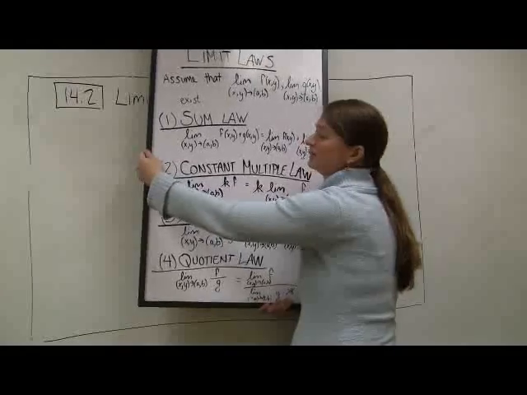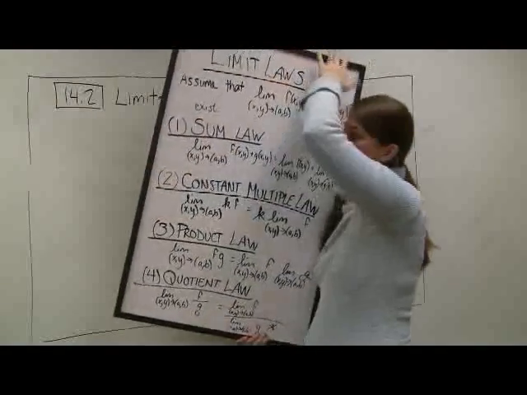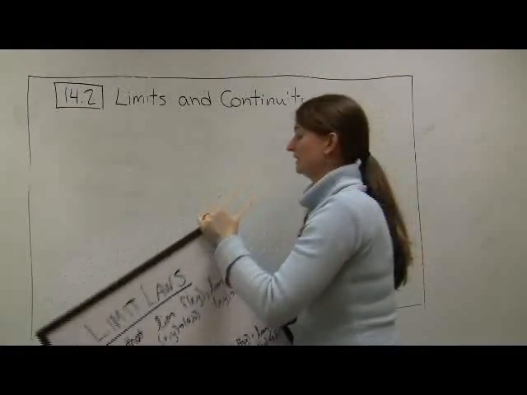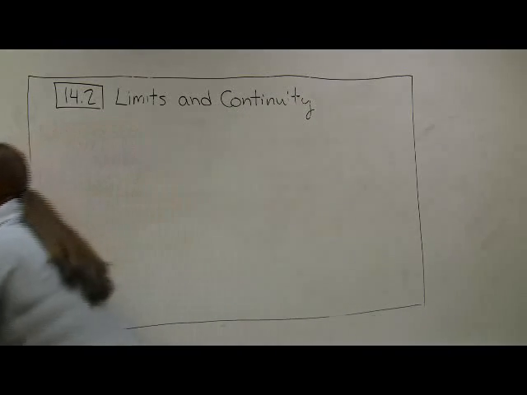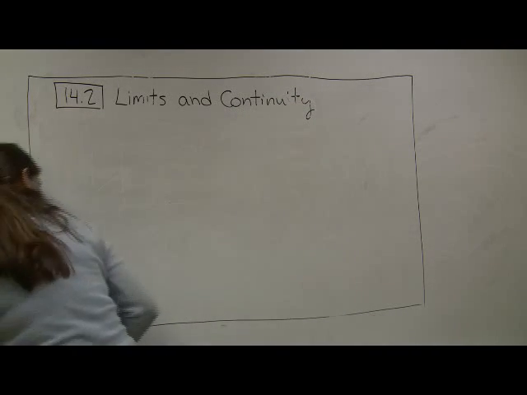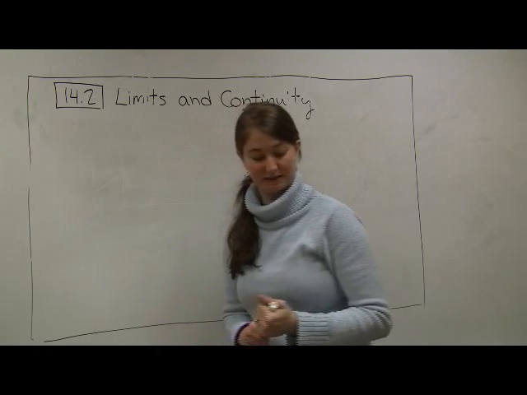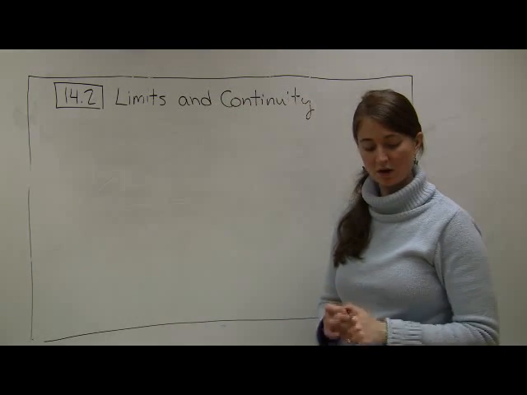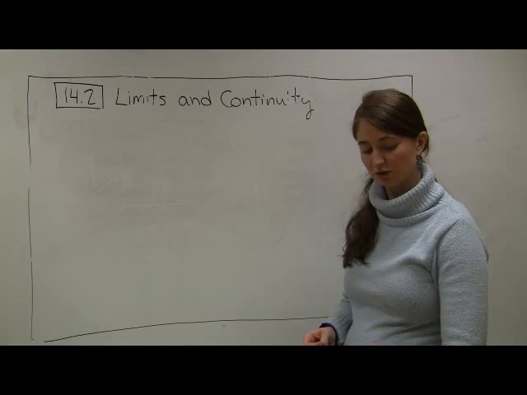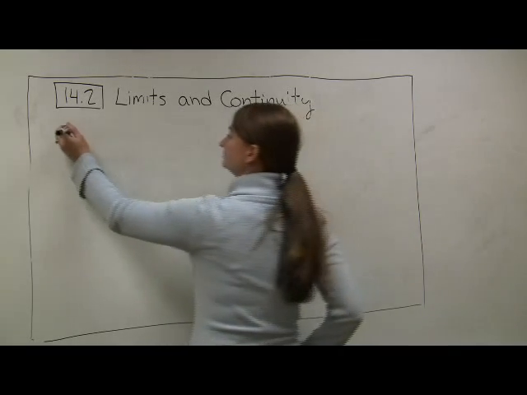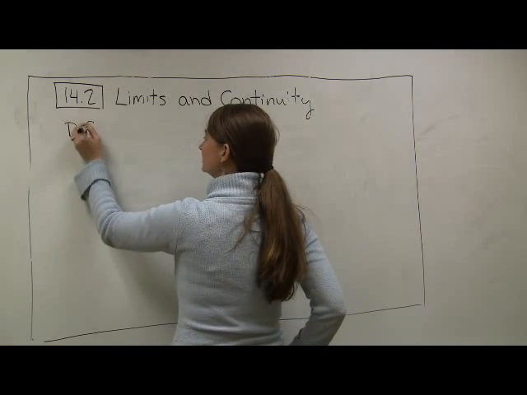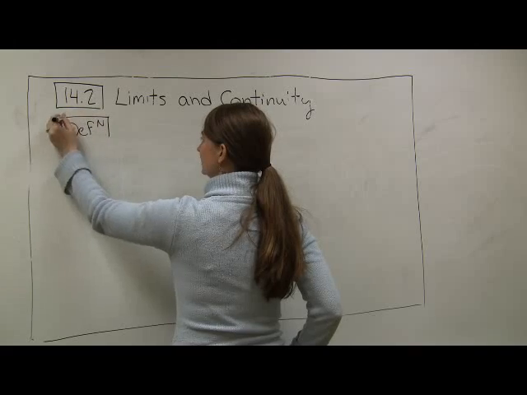I don't want to spend a lot of time having you memorize these, because these really are intuitively what you think that they might be. But we're going to do a couple of examples now where we're going to use and evaluate limits. Nope, I lied. Before that, I want to introduce the definition of continuity.